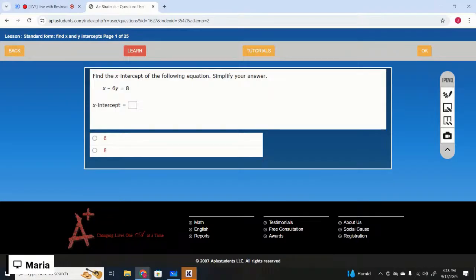Find the x-intercept of the following equation. x minus 6y equals 8.